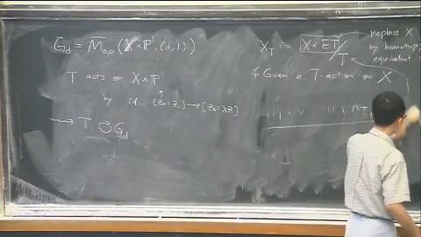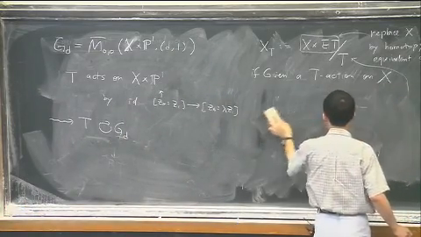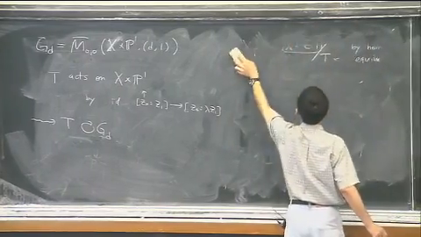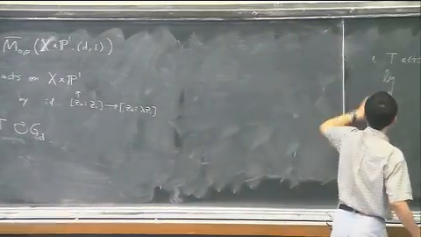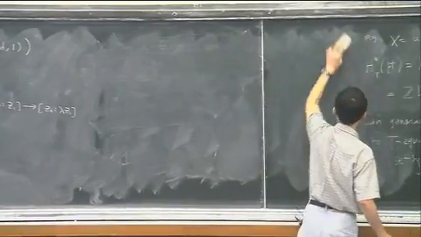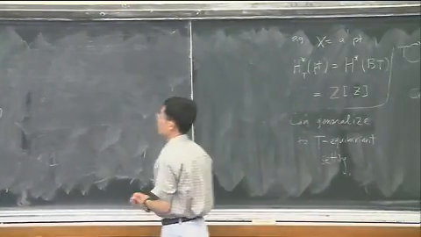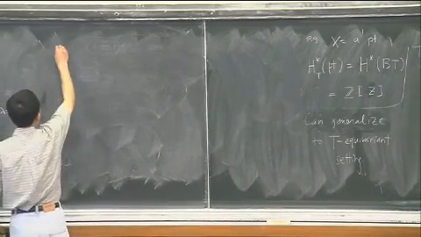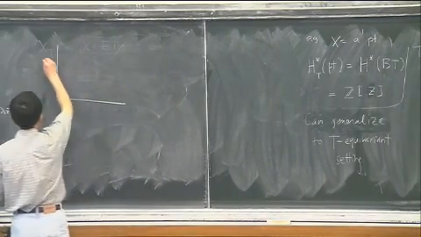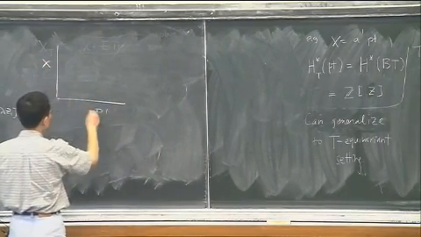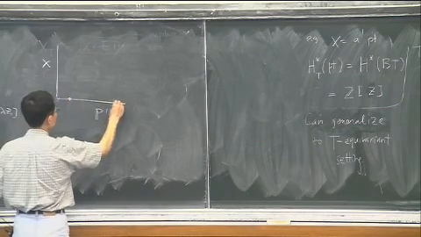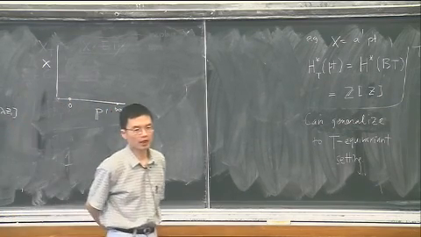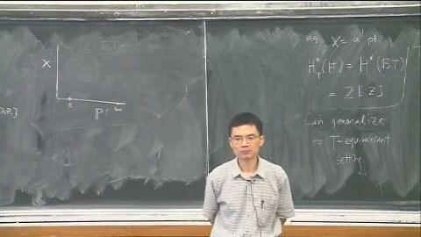So now to use localization, I have to find out what the fixed loci are. So let's try to find out. As I said, suppose this is your X cross P1, and in P1 you have two fixed points, 0 and infinity, that's two fixed points by my action. On X there's no action, so it's fine.